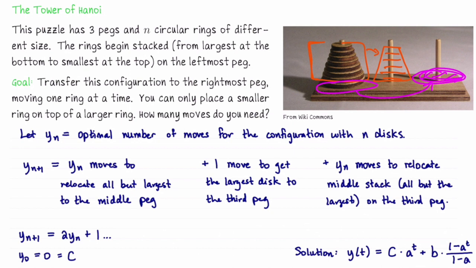So now our general solution is going to be y of t is 0 times 2 to the t, plus 1 times (1 minus 2 to the t), all over 1 minus 2. This is going to simplify a lot. So we have 0, and then that's a denominator of negative 1. So let me write this as 2 to the t minus 1.